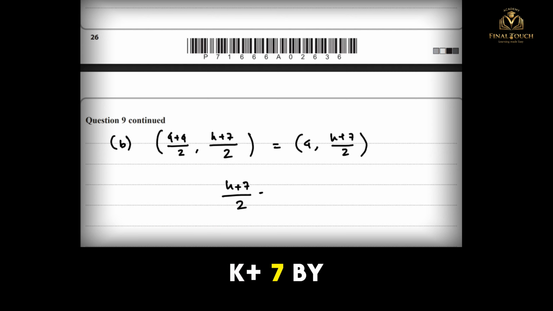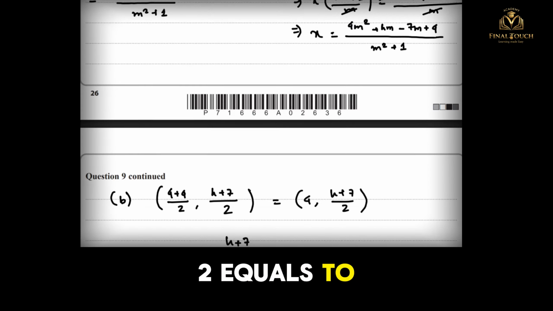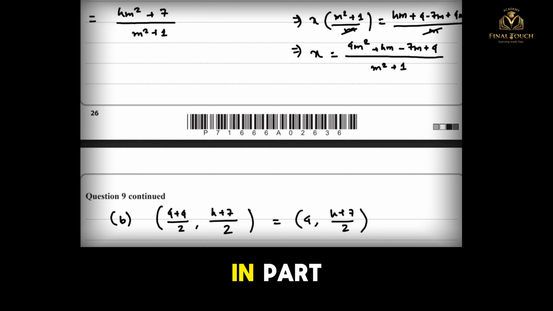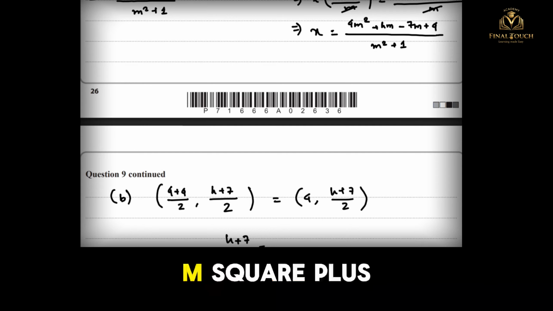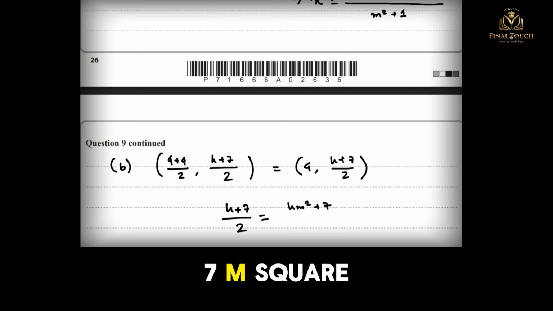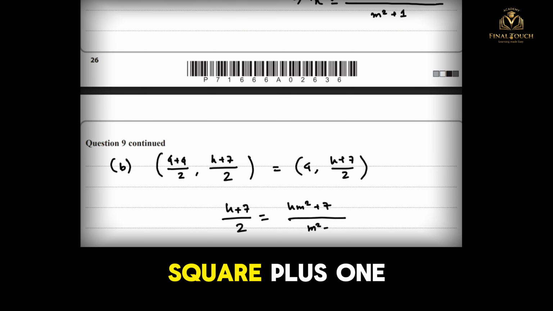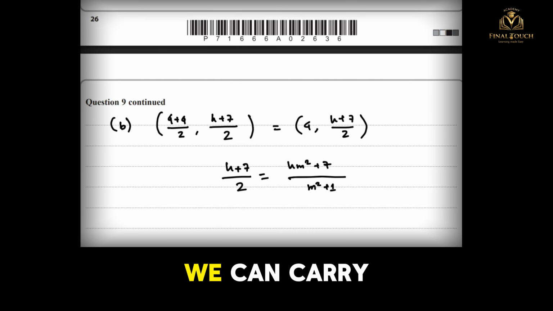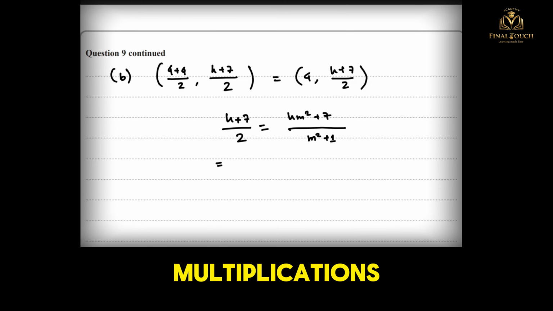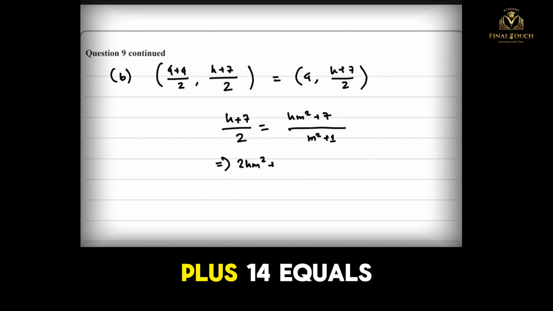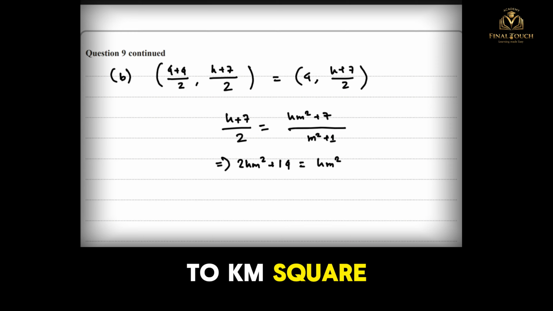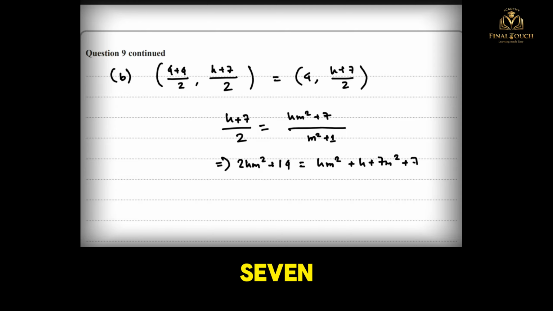So k plus 7 by 2 equals the one we just found in part A, km square plus 7 over m square plus 1. We can carry out some cross multiplications. 2km square plus 14 equals km square plus k plus 7m square plus 7.